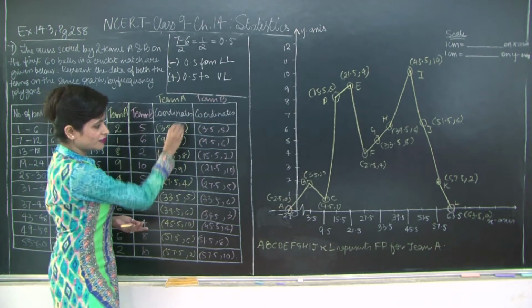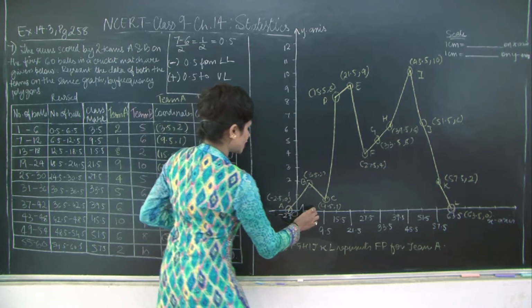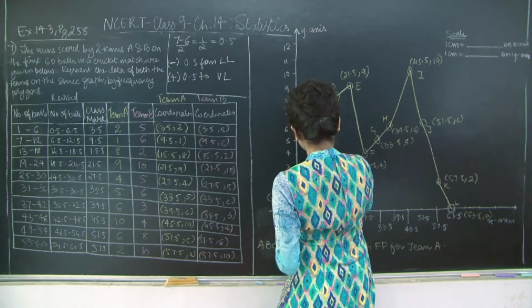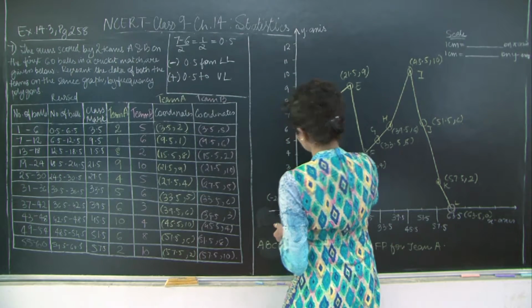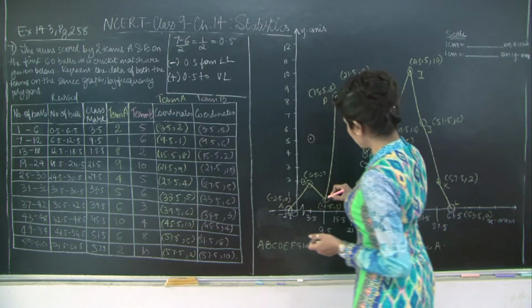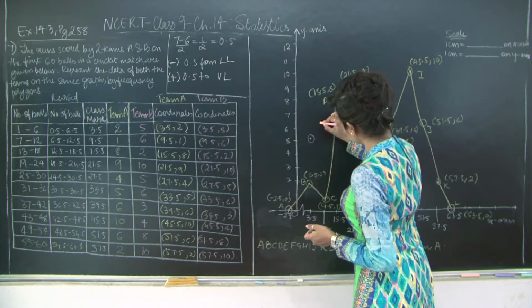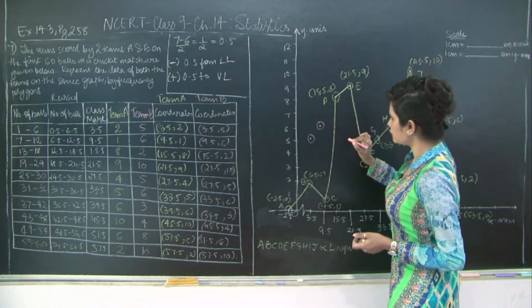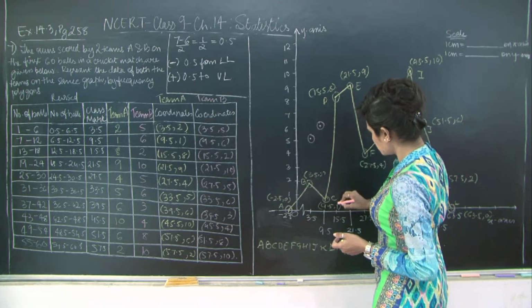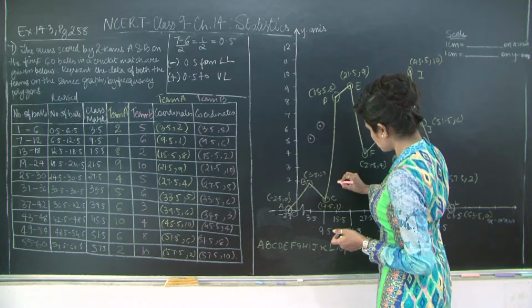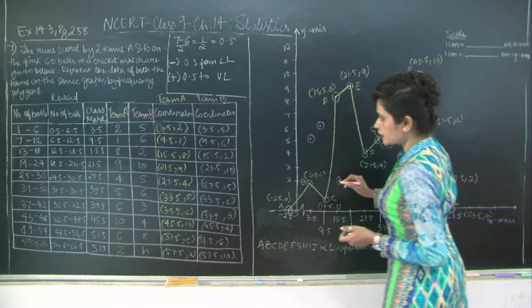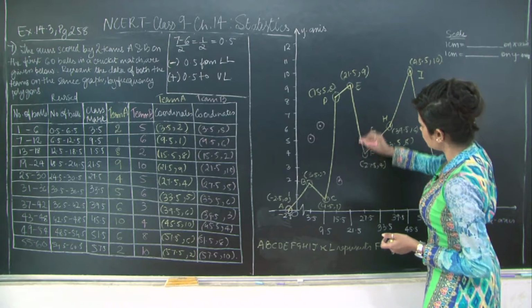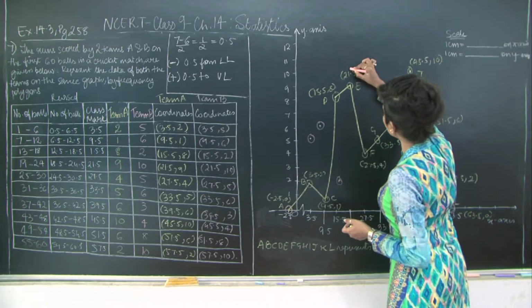So 3.5 comma 5 will be here. Then I have 9.5 comma 6. Then there is 15.5 comma 2. Then there is 21.5 comma 10, that's going to be here.